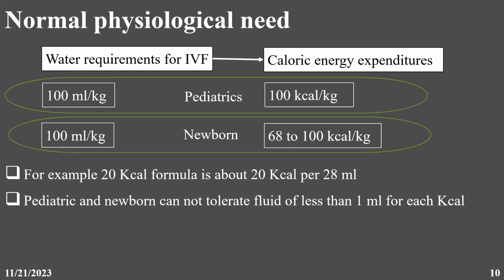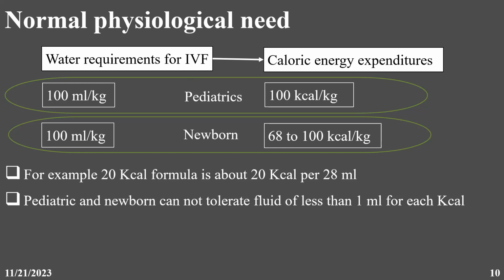Okay, so in pediatrics, we need less fluid to consume calories. And therefore, we can give 100 kilocalories for 100 ml, or 1 kilocalorie for 1 ml. In neonates, however, the neonate needs more fluid for the same calories. And therefore, the normal calories consumed is about 68 for 100 ml.